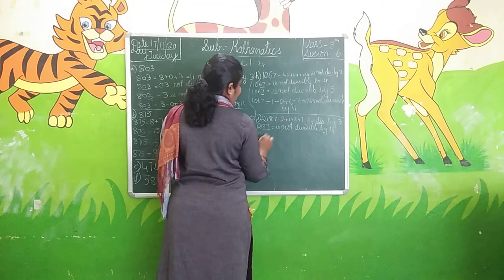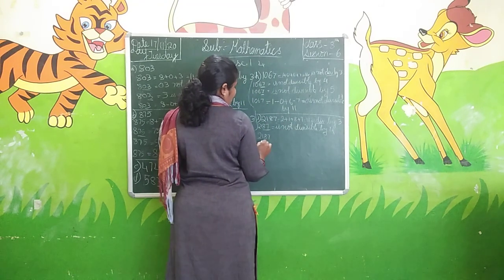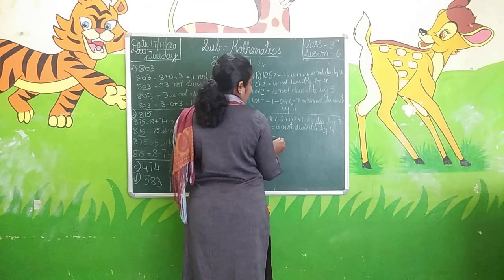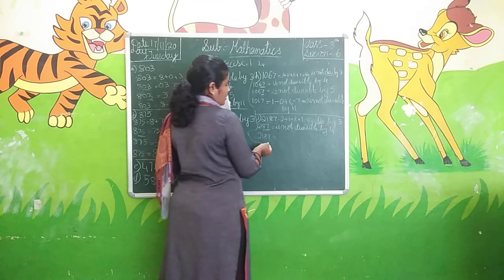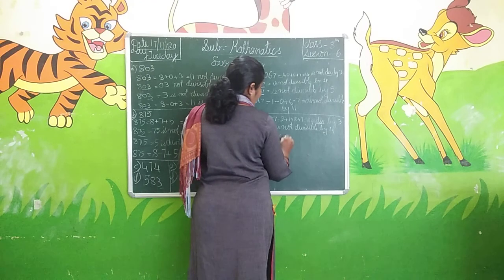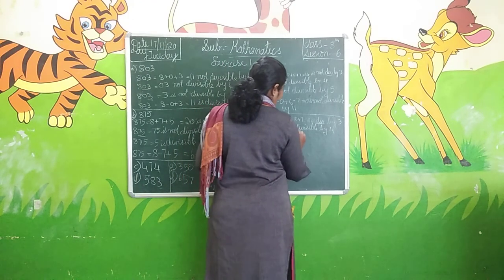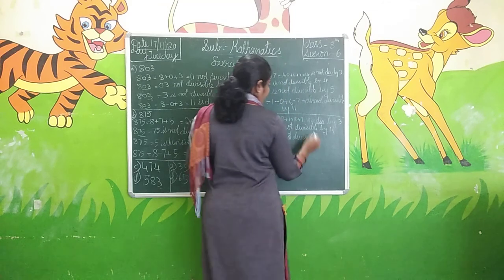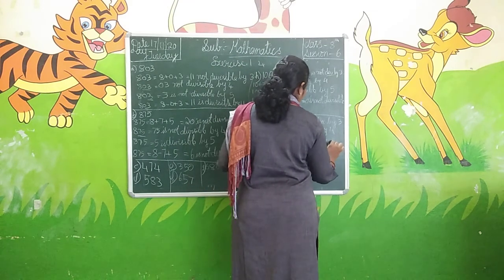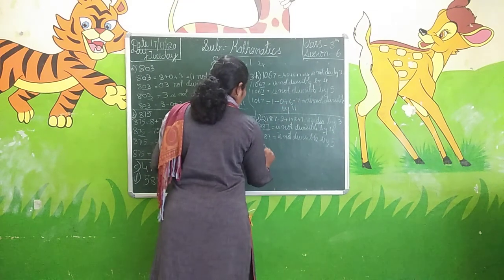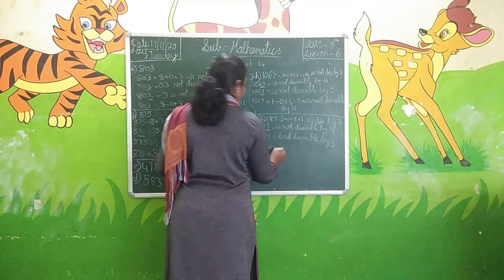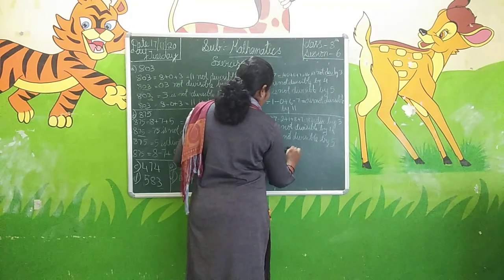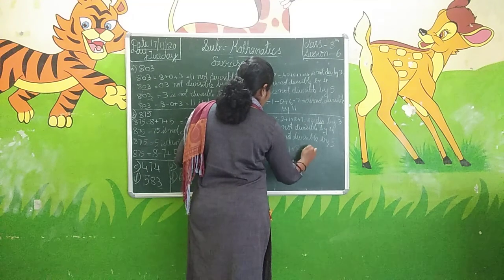A number which ends with 5 or 0 is divisible by 5, but we got 7 here, so it is not divisible by 5 also. Next, 2187: 2 minus 1 plus 8 minus 7.